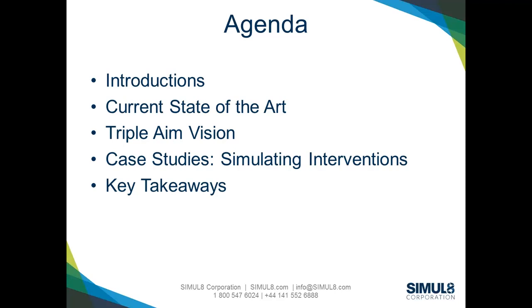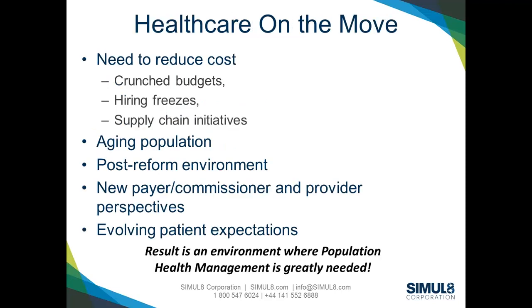Talk about the triple aim vision from IHI, the Institute for Healthcare Improvement, and how that fits into the population health movement that we're really starting to see. And then we're going to look at a couple of case studies, because that's really the best way to talk about it, right, is to actually see real examples. And then finally we'll wrap things up and open it up for questions.